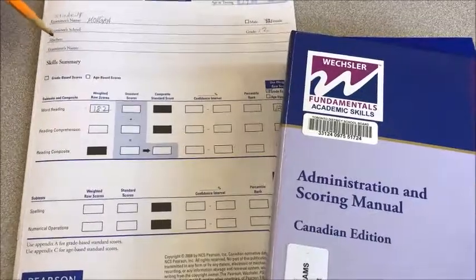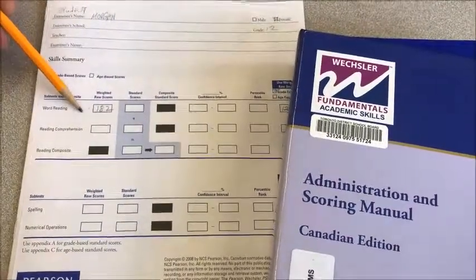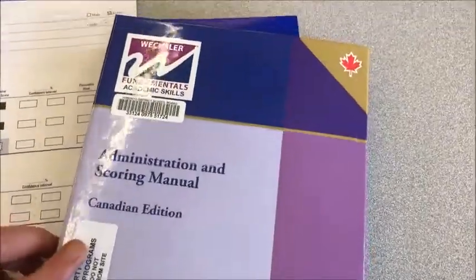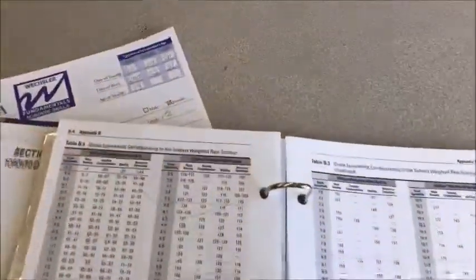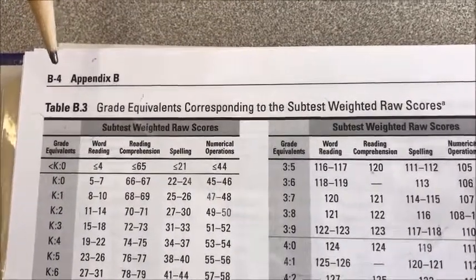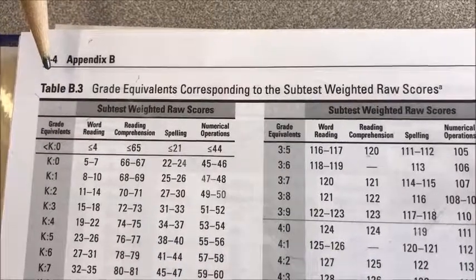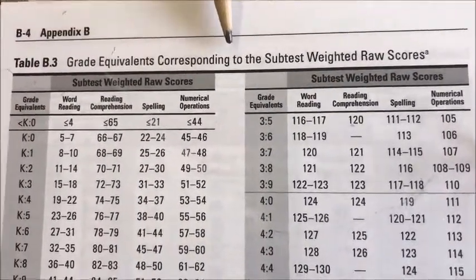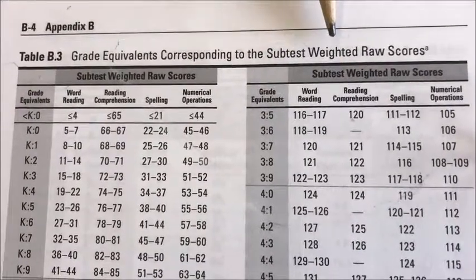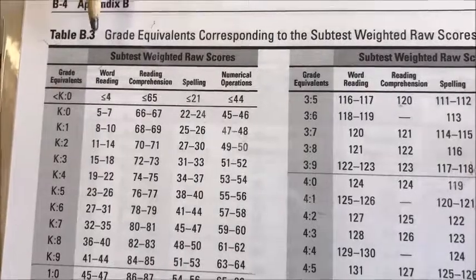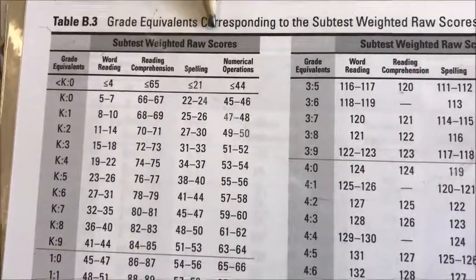Once we have the weighted raw scores, we're going to use the administration and scoring manual to find out the grade equivalent. On page B4, Appendix B, Table B3, you'll notice across the top it states the grade equivalents corresponding to the subtest weighted raw scores. And in that gray bar underneath, it says subtest weighted raw scores.